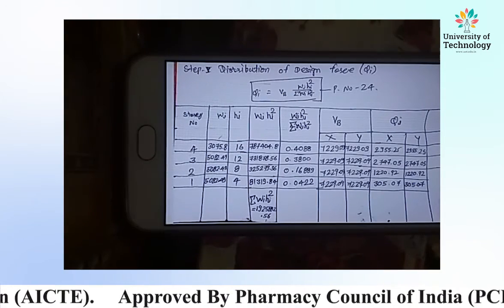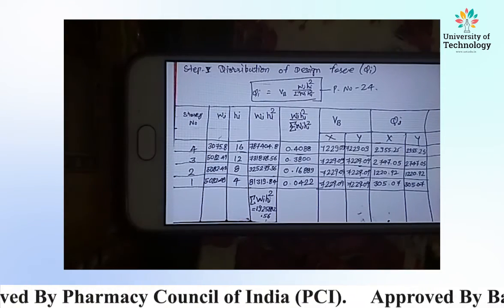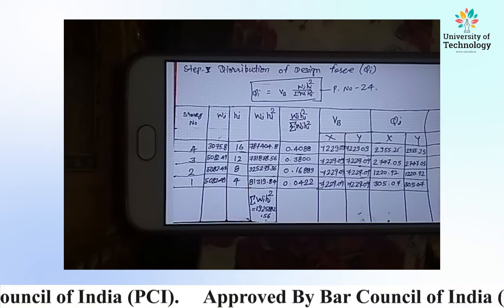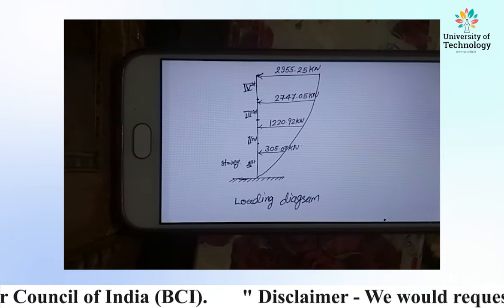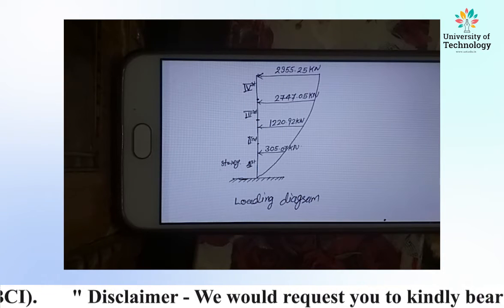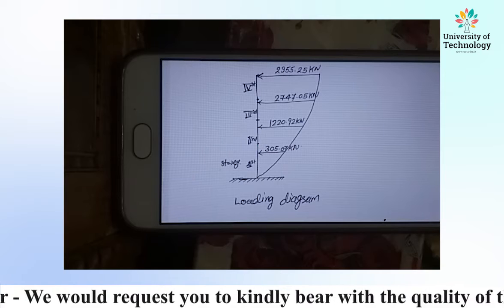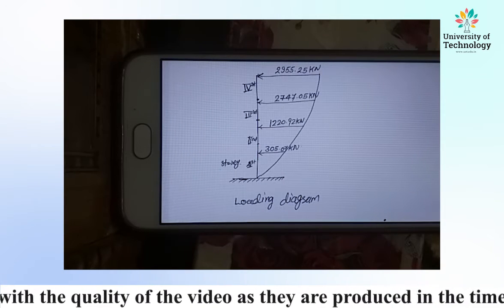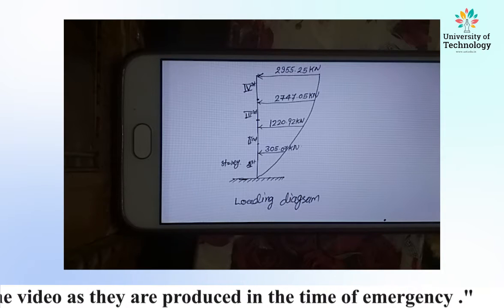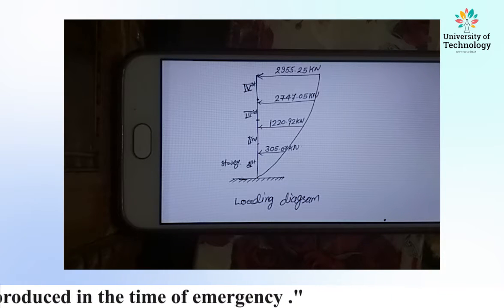After that we should plot the diagram or graph for this Qi and VB. The graph plotted according to Qi is known as the loading diagram.